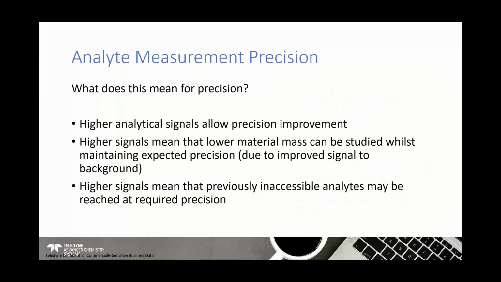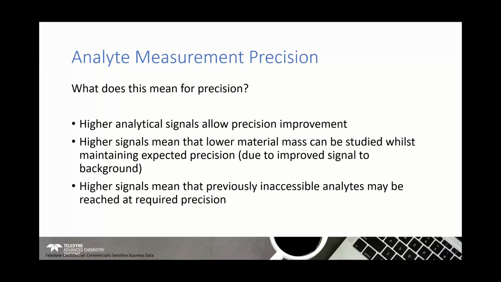So what does this mean for precision? I've mentioned part of this already. A higher analytical signal allows for an improvement in the precision of this whole process. Higher signals mean you can either improve your precision, or you can start considering working with even less mass in your sample.